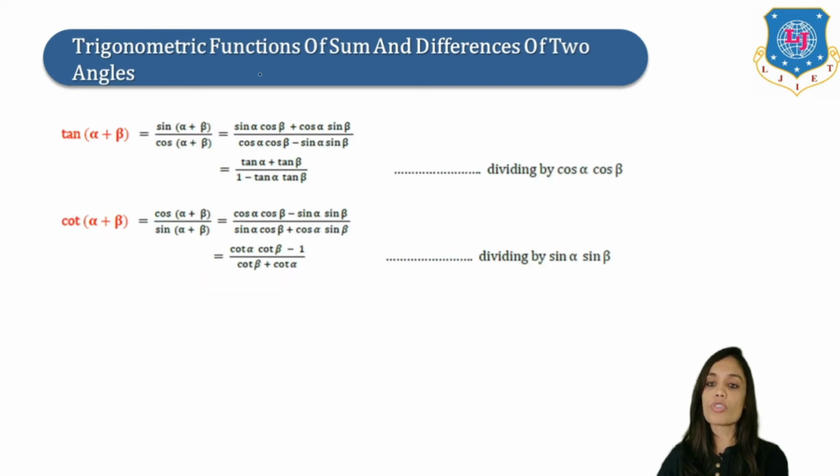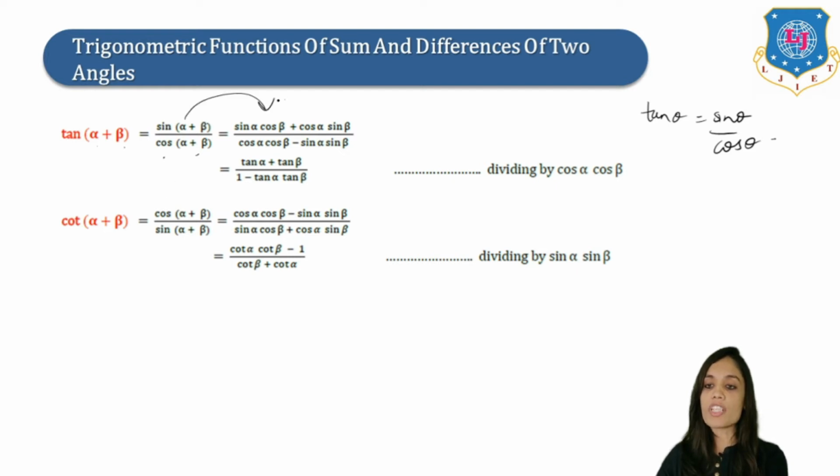Now let us move on to a few more formulas. Now we'll derive the formula of tan(alpha plus beta). We know that tan theta is sin theta upon cos theta. So I will write this as sin(alpha plus beta) upon cos(alpha plus beta).